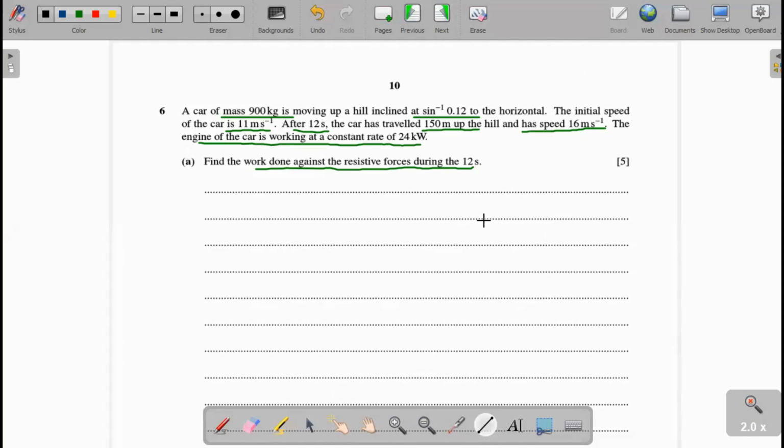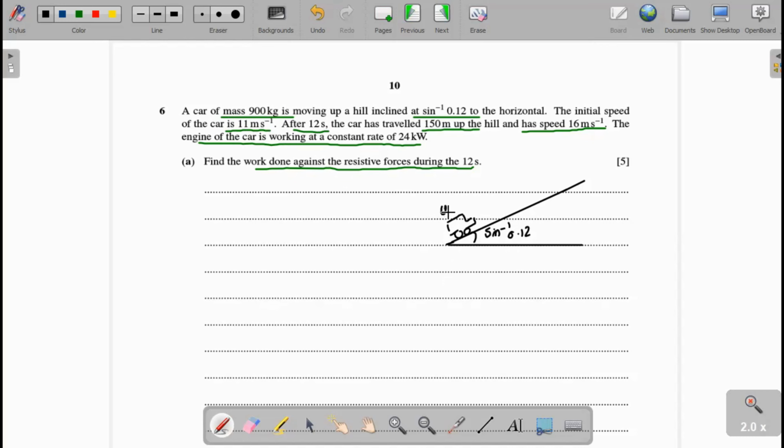Now we draw the inclined plane to solve this question. This is the inclined plane making angle sine inverse 0.12. The mass of the car is 900 kg. At the starting point, the car starts its motion here. The initial speed of the car is 11 meter per second.